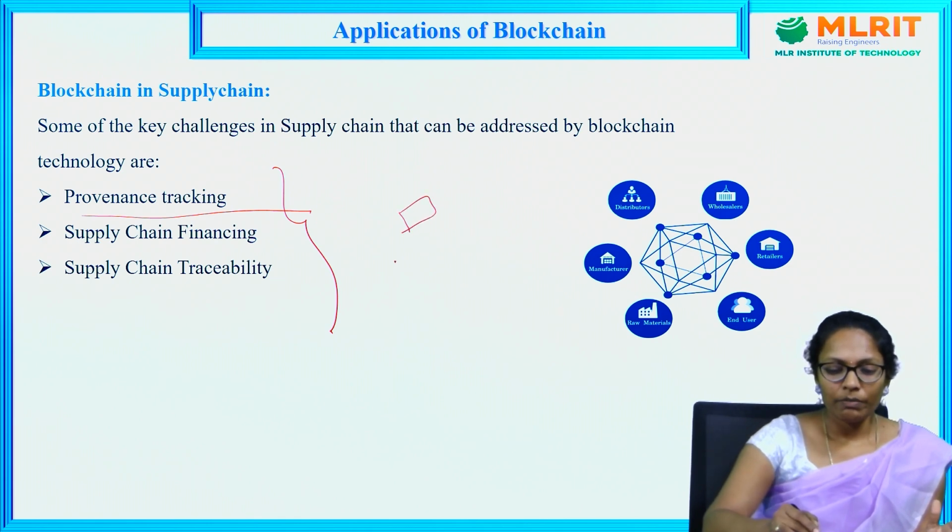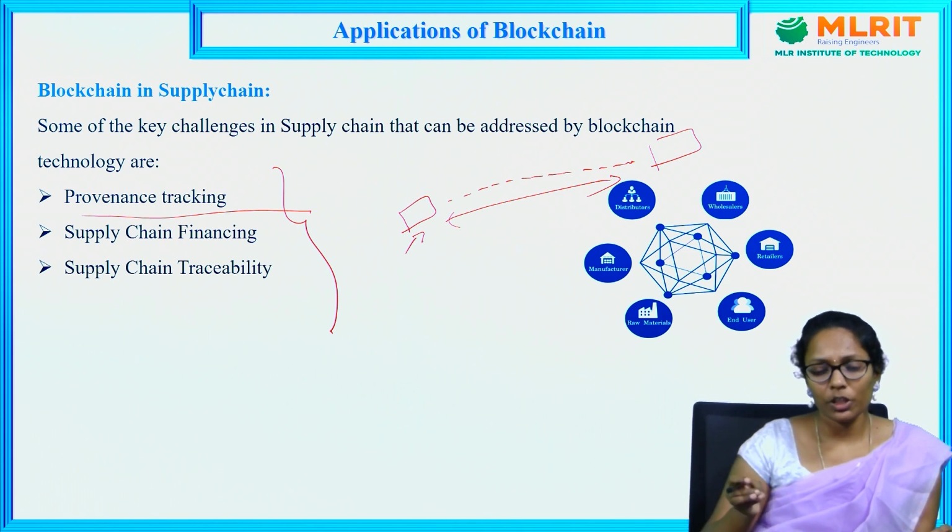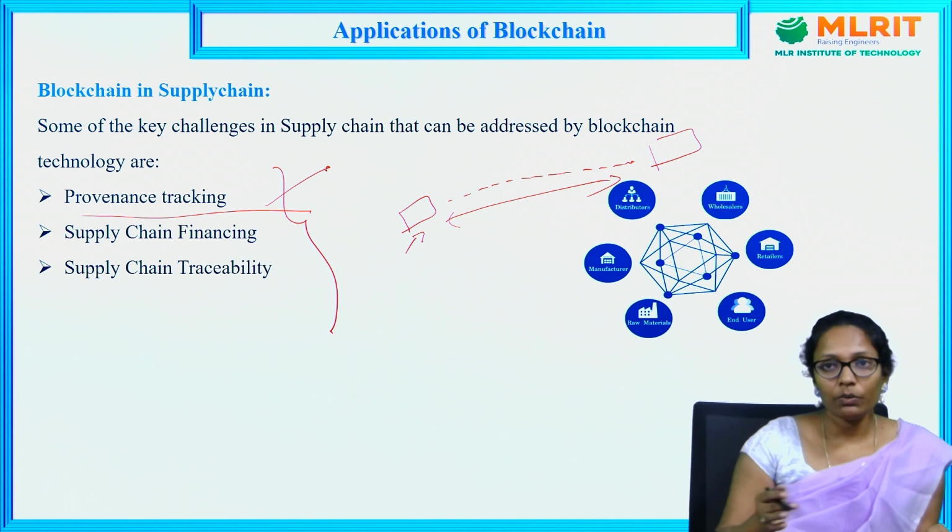From where it is starting, through which points it is traveling, at what time it is reaching the destination, and under which conditions it is traveling. Some medicines should be kept in cool areas, or the temperature should be less than 10 degrees, like that. So each and everything can be monitored by the user. So provenance tracking is very easy in the blockchain system.